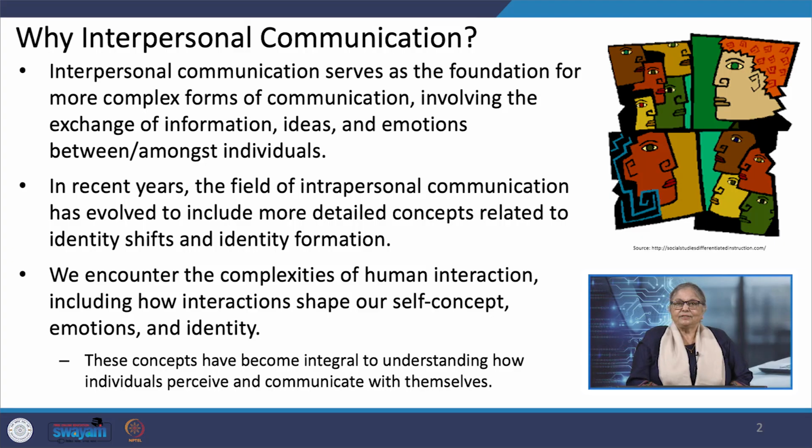Interpersonal communication serves as a foundation for more complex forms of information involving the exchange of information, ideas, as well as emotions between and amongst several interactants.